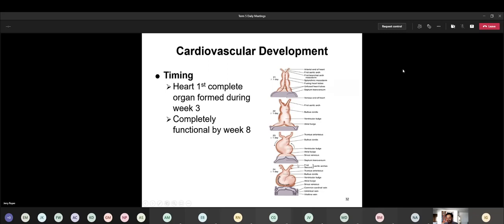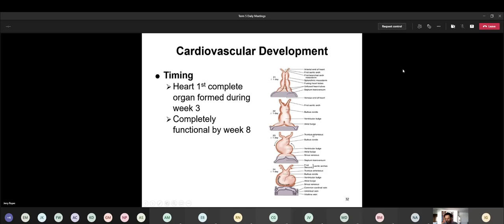And then eventually the heart repositions as it's developing, where your ventricles are going to be on the bottom and the atria on the top. So our heart is upside down, which is why we always say that the very tip of the ventricles is considered the apex of the heart. But again, gravity, there's no way that our blood will circulate appropriately if the heart remained in that original position, with the atria on the bottom and the ventricles on the top.